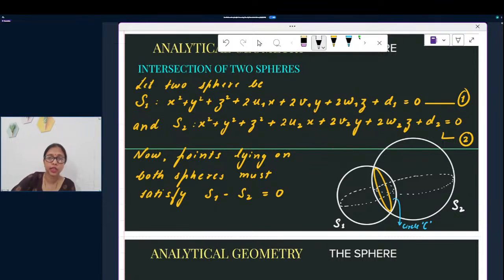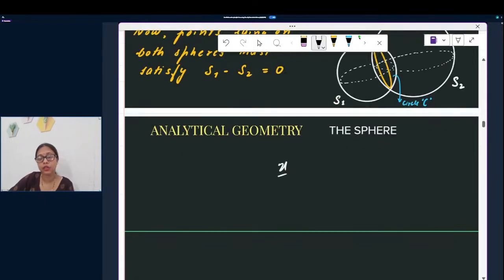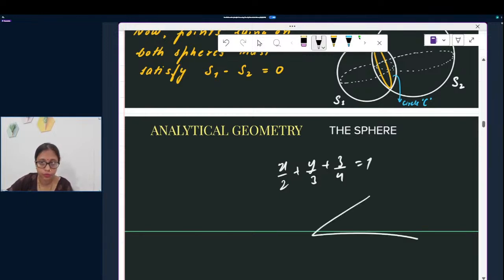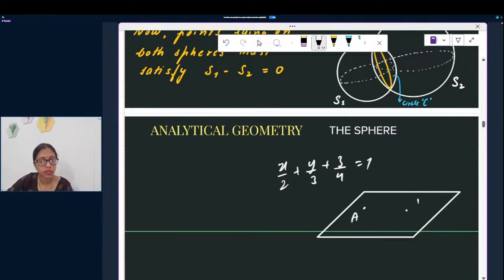It's like x by 2 plus y by 3 plus z by 4 is equal to 1. That's the equation of a plane, right? Whose intercepts on the x-axis, y-axis and z-axis are given. There is a line on it. Every point of that line, because it is on that plane, satisfies this.